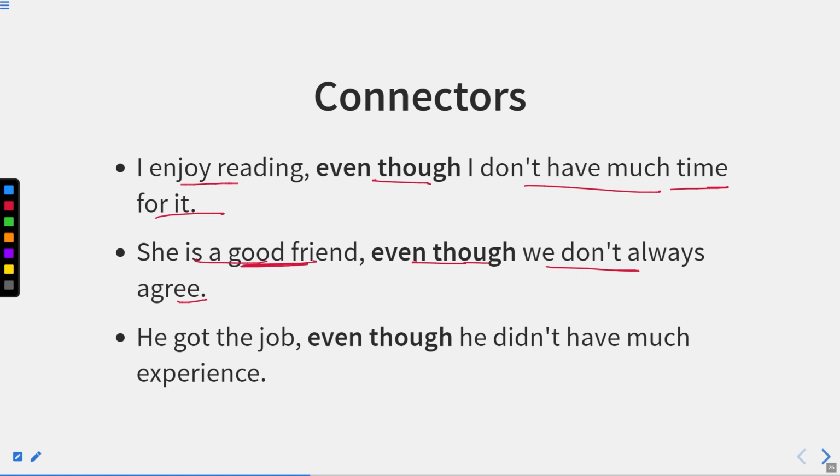So our friendship did not get affected due to the disagreement. He got the job even though he didn't have much experience. So this even though is showing the contradiction between these two situations, that he didn't have much experience. So this is one adverse situation, still he got the job. So this is the positive or unexpected outcome of that information which is given to us in the subordinate clause.